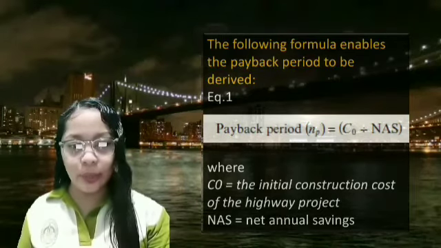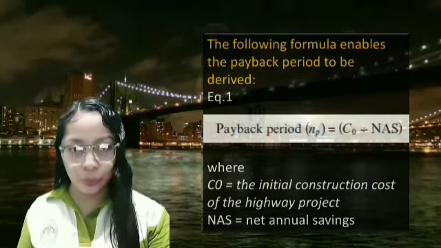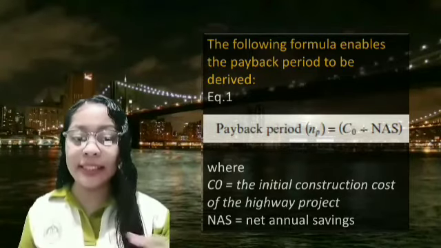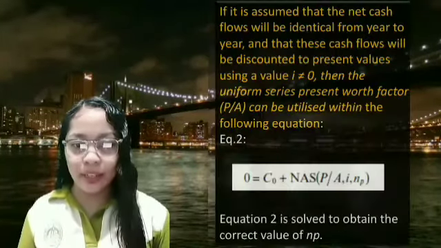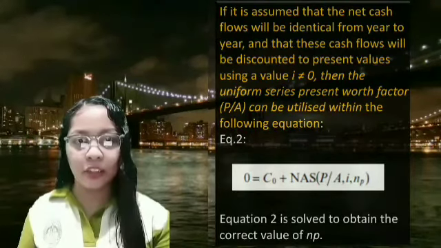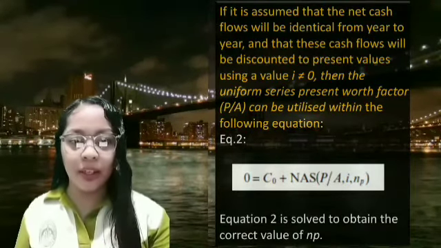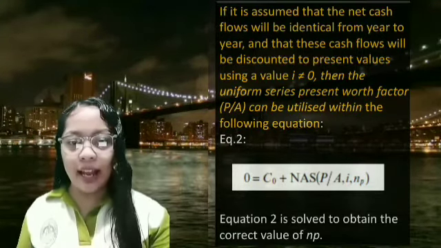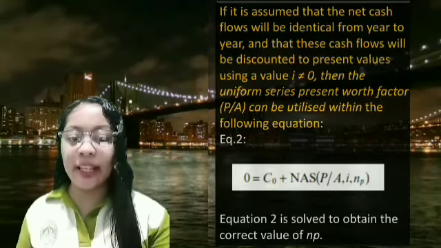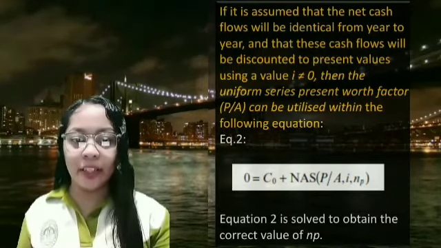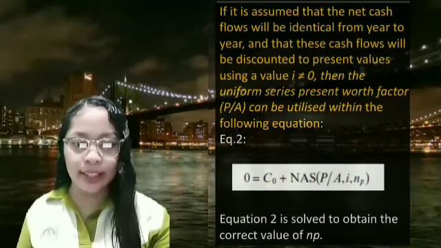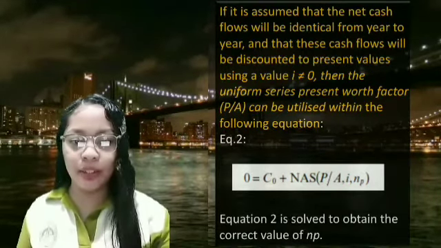Okay, now this equation 2, let's assume that a zero discount value is being used, but this is not always the case. If it is assumed that the net cash flows will be identical from year to year, and that these cash flows will be discounted to present values using an i not equal to 0, then the uniform series present worth factor, or the P/A, can be utilized within the following equation.